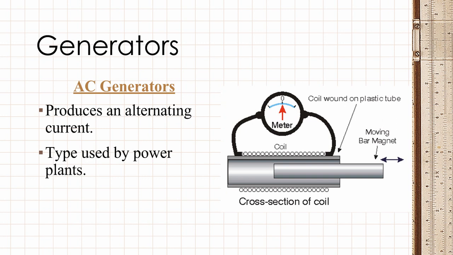There's 2 types of generators, AC generators and DC generators. AC generators produce alternating current. Remember, AC is alternating. This type is used by power plants. If you think back to that electricity unit, you know that alternating has 2 directions. This coil is going to go back and forth.